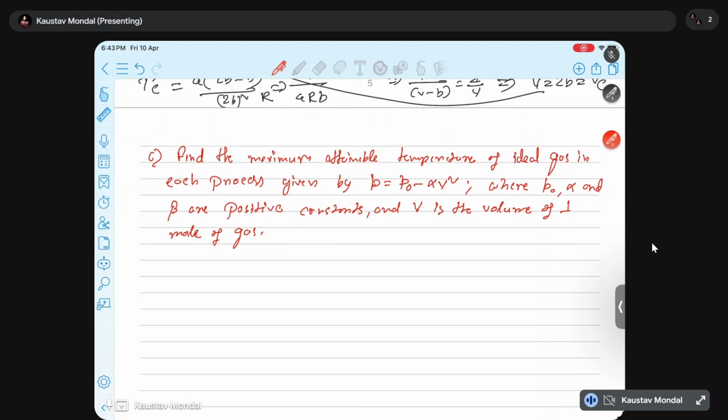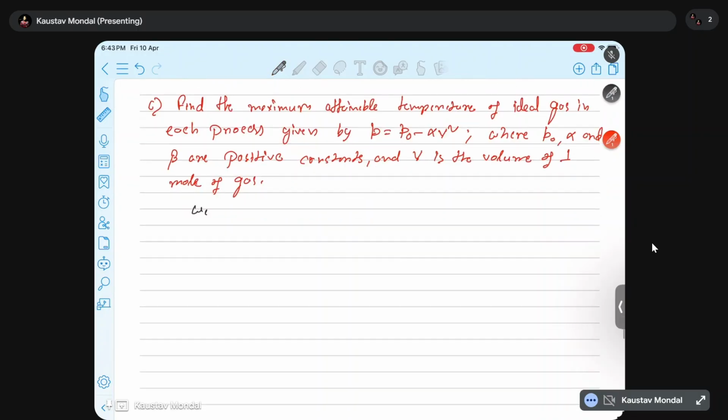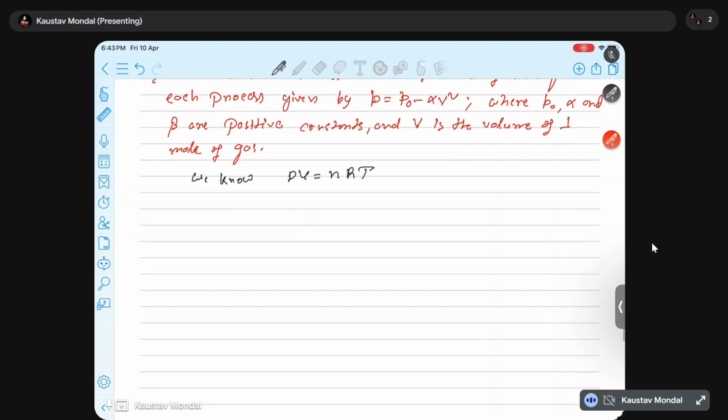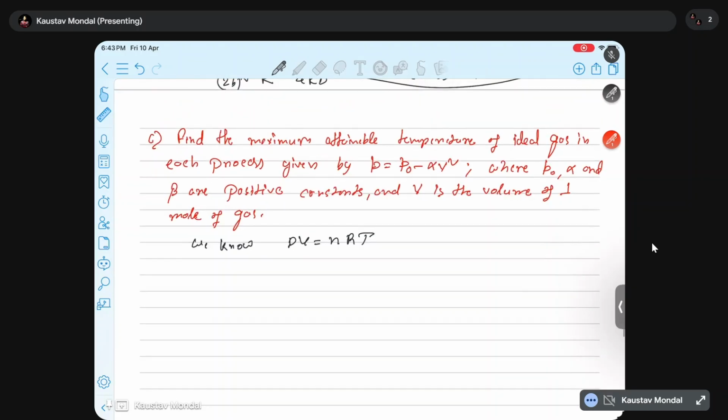Okay, so now let's write the equation. We know PV equal to nRT. You already knew it. We have to calculate the maximum attainable temperature.